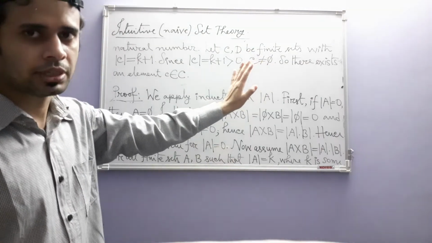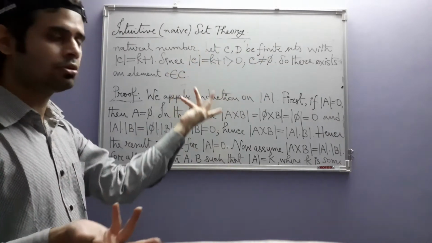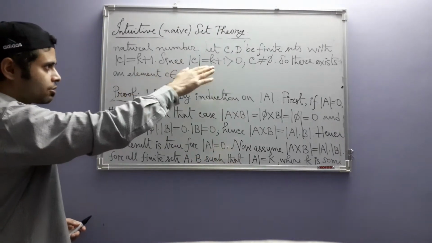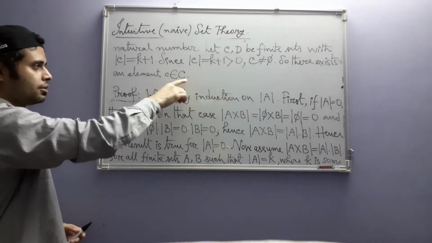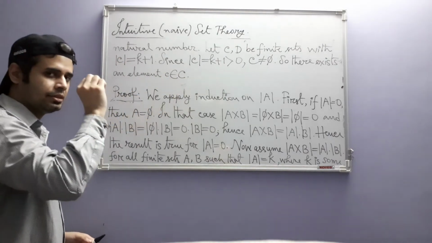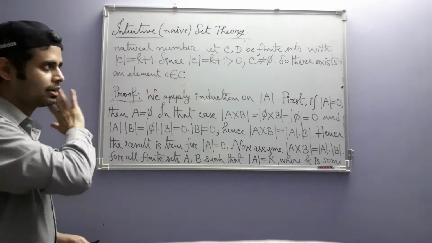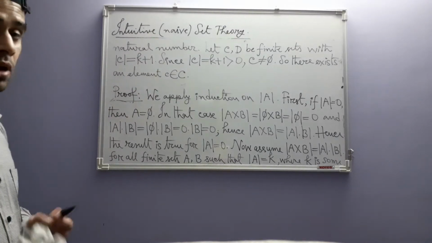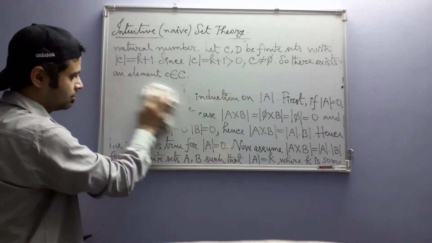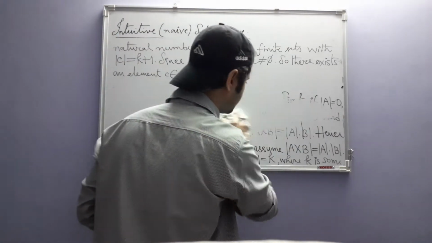Otherwise we cannot choose an element because we don't know whether C is empty or not. But because C is non-empty, we can choose any element, and it does not matter what element this is. We just have to choose one element of C. But why are we doing that? You will realize why soon.